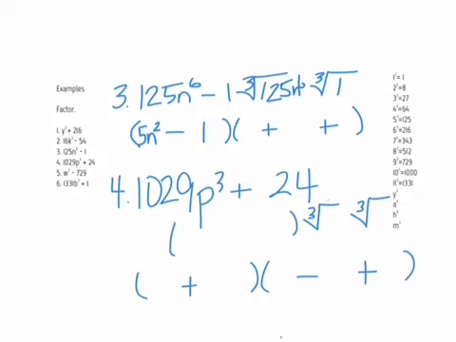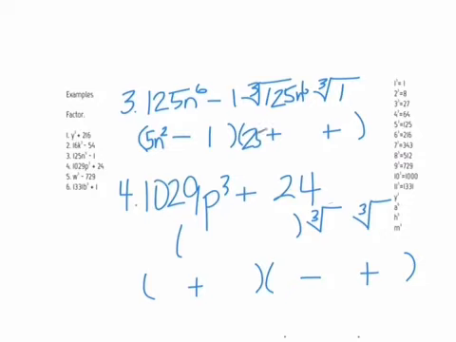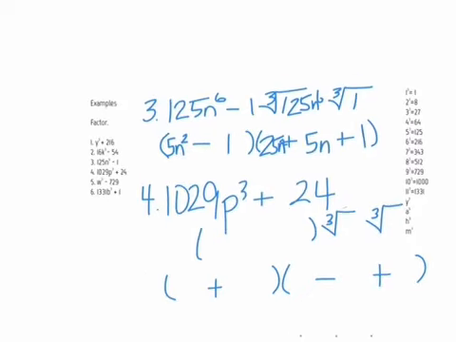Sorry, it wouldn't be 5n squared. 25n to the fourth. And then to find what goes in this spot, I'm going to square this. 1 squared is 1. And then to find that middle term, I'm going to multiply the first two terms. 5n squared times 1 is 5n squared. And that's my answer. I don't know why I keep moving that. So this is my answer to that one.